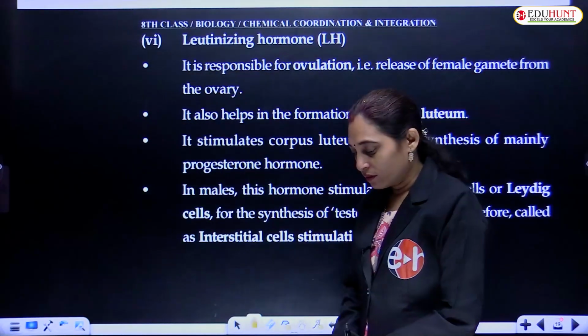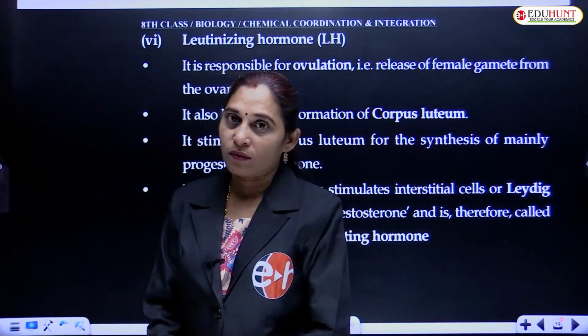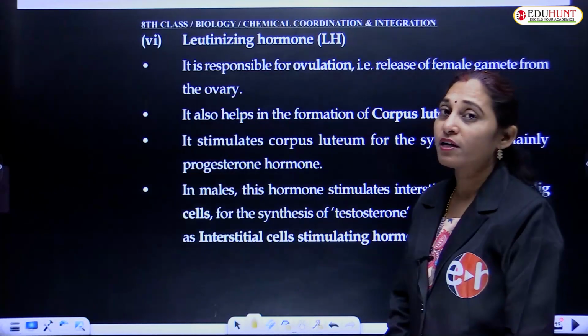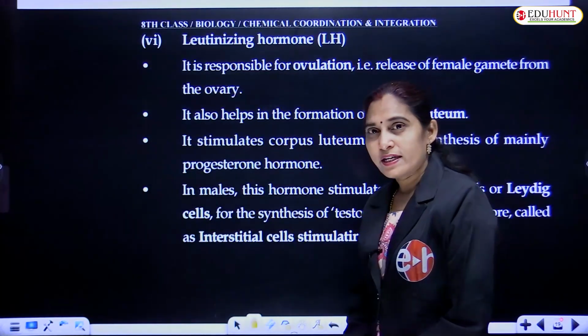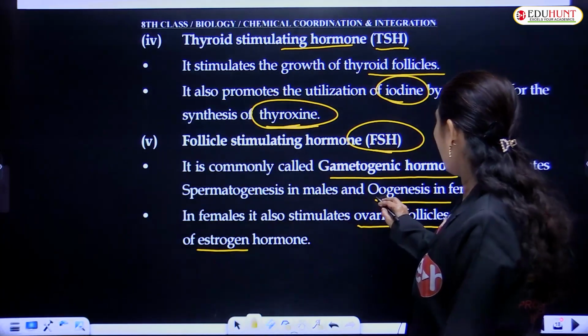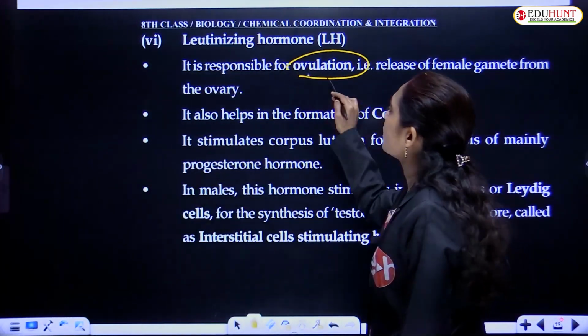Next hormone is luteinizing hormone. Luteinizing hormone, LH, is responsible for ovulation. What is meant by oogenesis and what is ovulation?